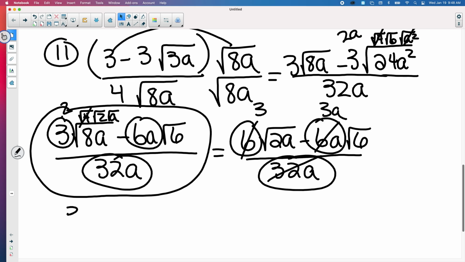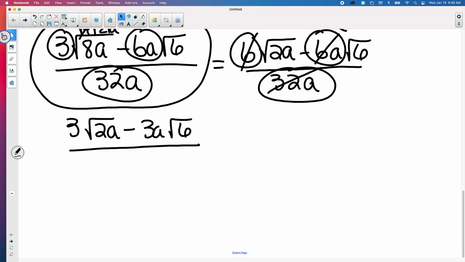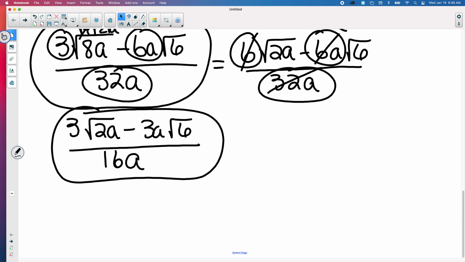So, final answer would be 3 radical 2A minus 3A radical 6 all over 16A. Alright, is that right?